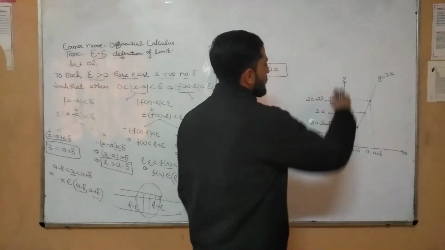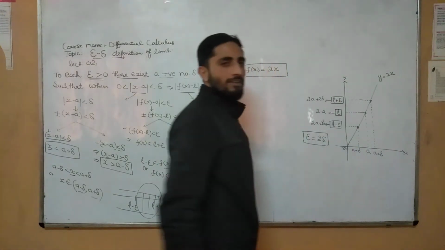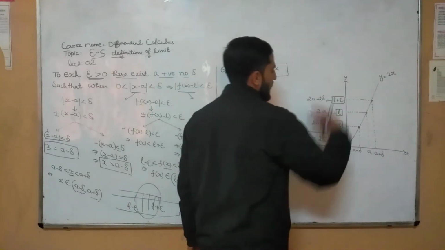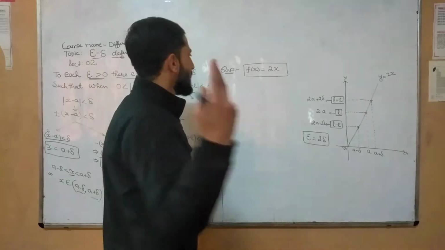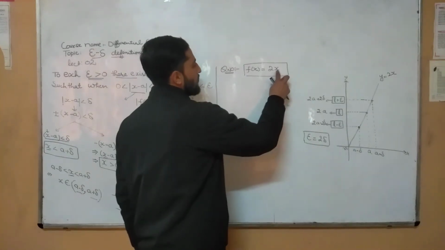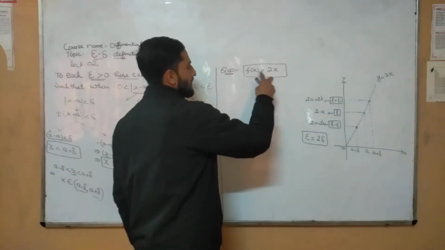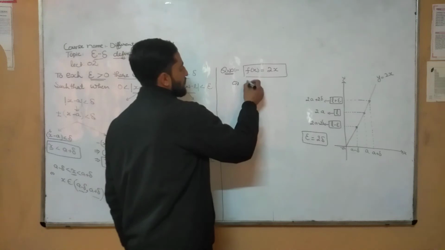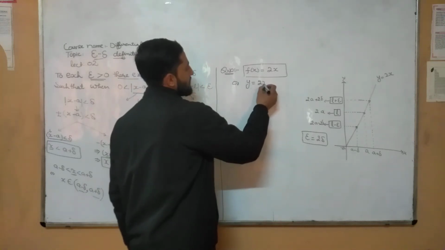First of all, we take a Cartesian coordinate system, x and y. Now we take any value and put it here as x. Simply, y is equal to 2x.